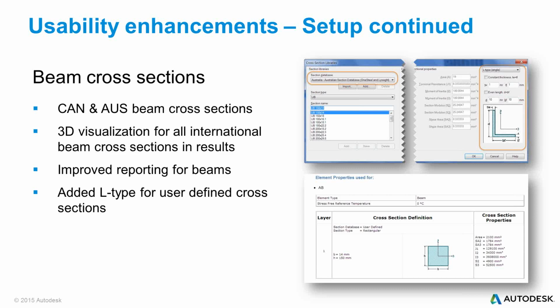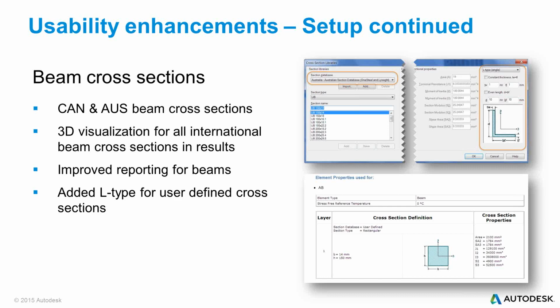The scope and the presentation of beam element properties have also been enhanced within the report. So now we show the section database, section type, and section name in the reports for beam elements, and we also show you a diagram of the predefined beam cross sections and the associated user-specified dimensions in the report.